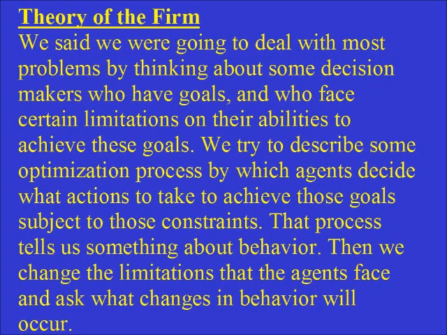We try to describe some optimization process by which agents decide which actions to take to achieve the goals subject to those constraints. That process tells us something about the behavior. Then we change the limitations that the agent faces and ask what will occur in behavior. We did this in utility theory, and we're going to do the same thing with theory of the firm.